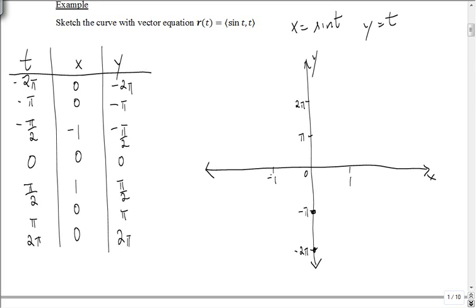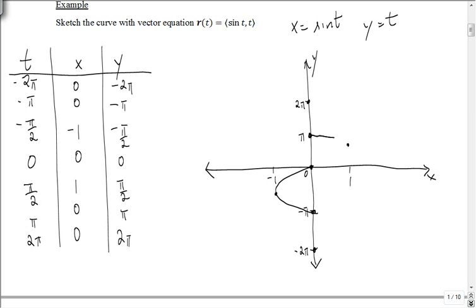So you have minus 1, minus pi over 2. So that's here. 0, 0. 1, pi over 2 here. 0, pi. 0, 2 pi. So you see what's happening here?